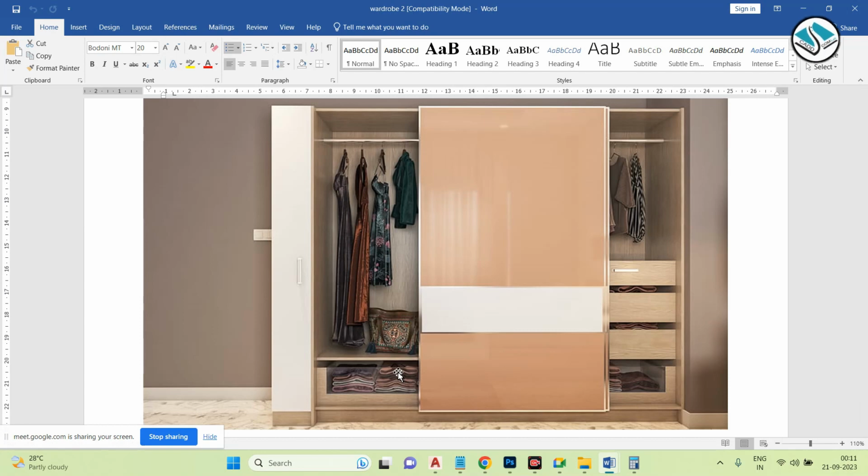So for this, yeah, very good. If the client says, please make your own design, in that condition, what will you do? You will design a wardrobe on the basis of standard. You will say to the client, I mentioned the cloth hangers, and from the bottom you can use your folded cloth.